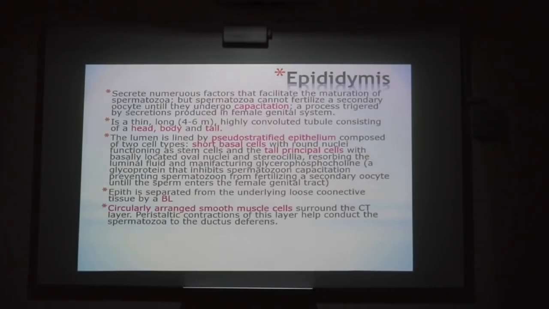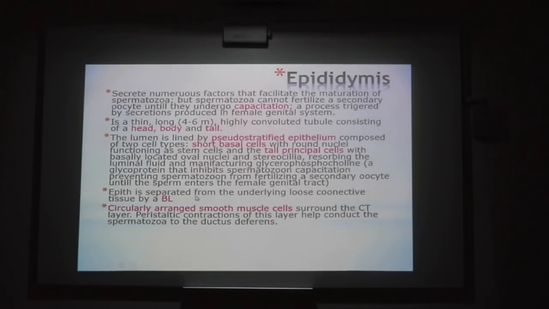So during the stay of the sperm in the epididymis, they have a calcium influx which induces the protein kinases and phosphatases, and that results in the motility of the sperm.